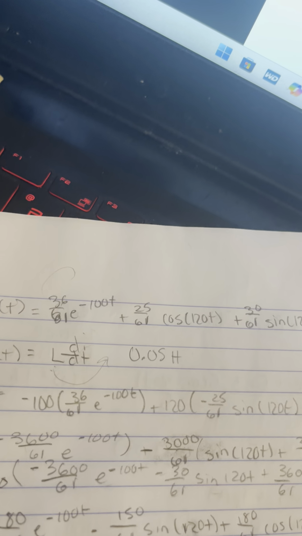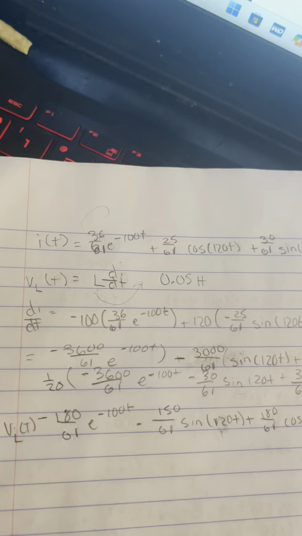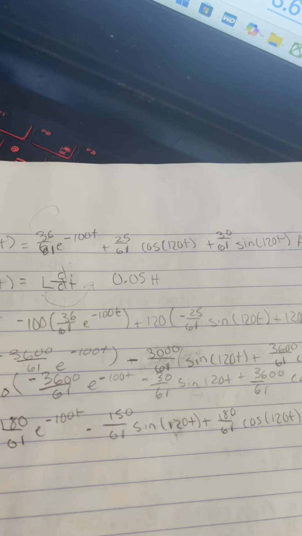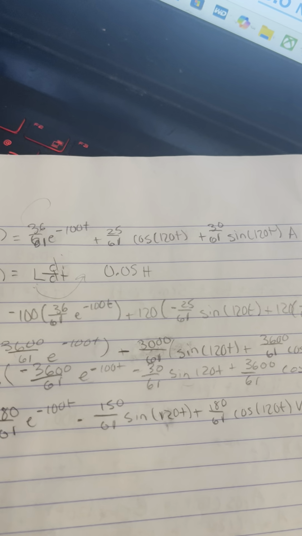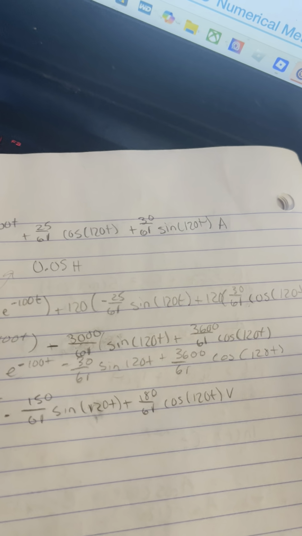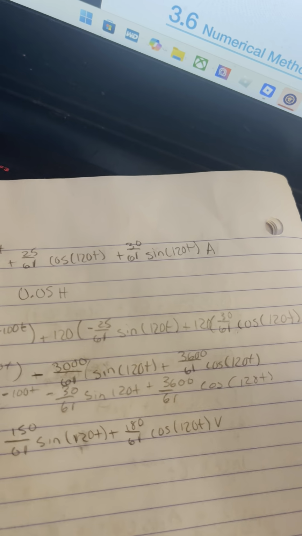When you multiply together and simplify, you get negative 180 over 61 e to the negative 100t, minus 150 over 61 sine 120t, plus 180 over 61 cosine 120t volts.